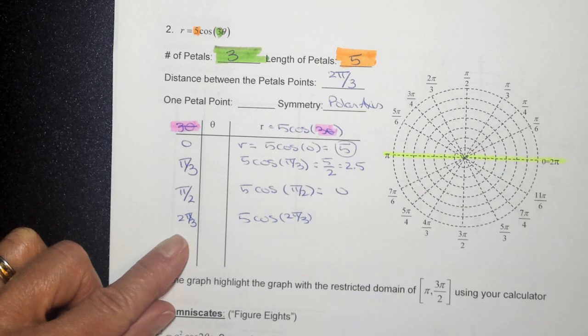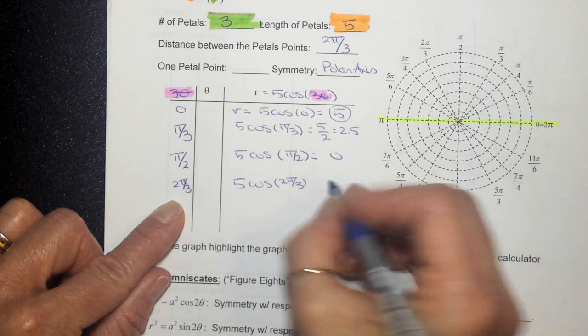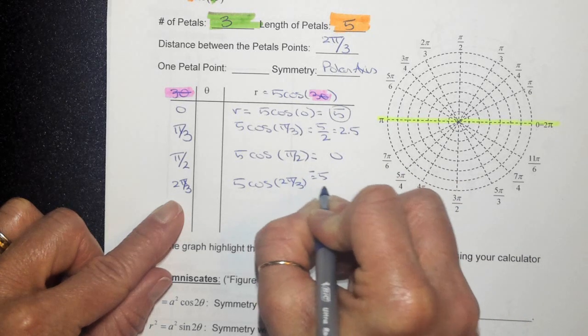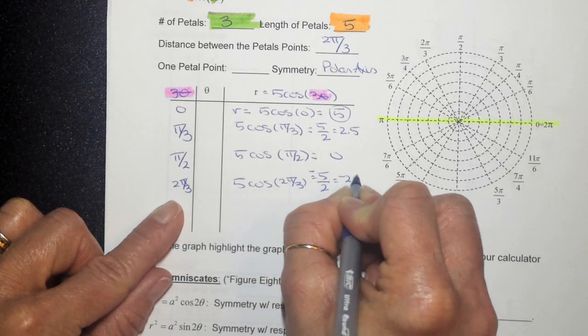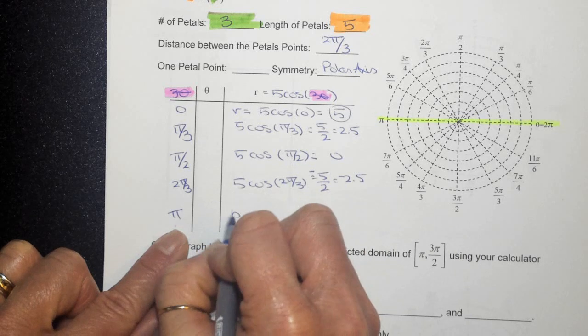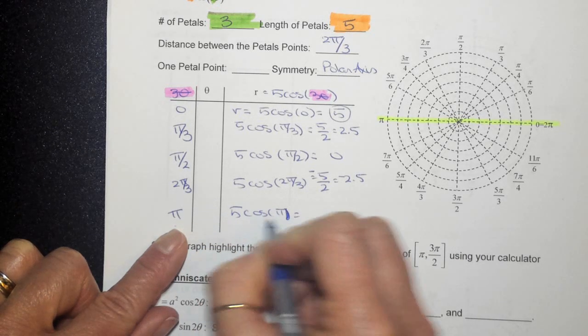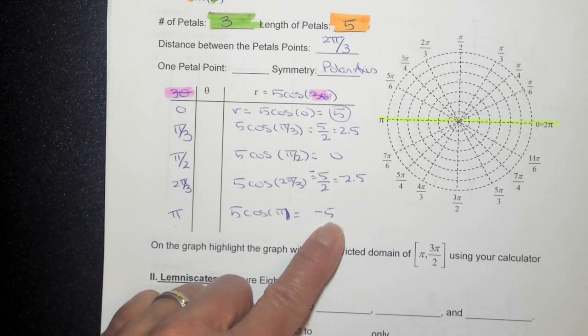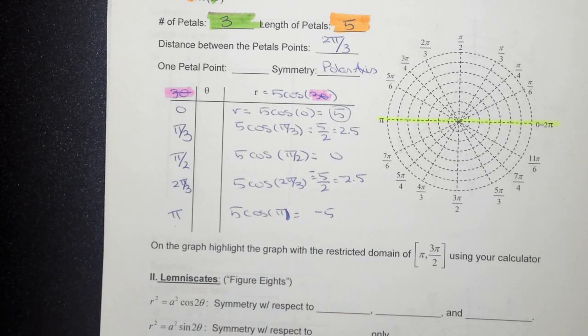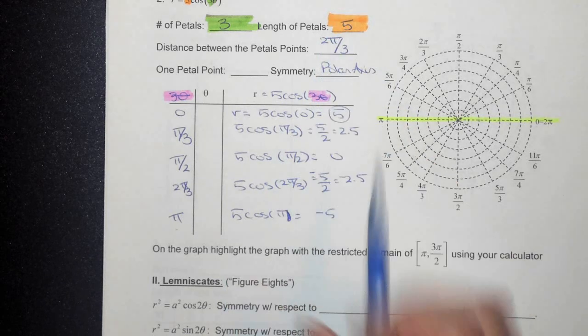Now remember, in the second quadrant, cosine is negative. So this is going to be 5 times -1/2, which is -5/2, or -2.5. And then the last one would be 5 cosine of pi, which is -5. Okay, that's not a petal point because it's negative. Okay, the length is 5.